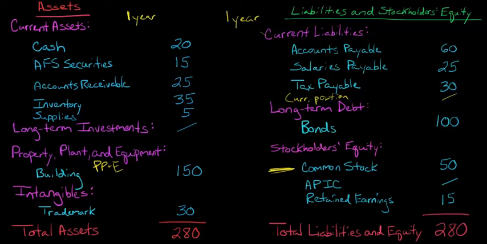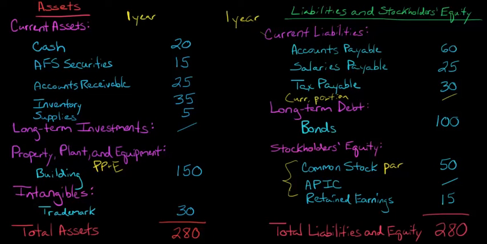If we've got a restaurant and it's just one owner, just somebody who started it. But if we think about a publicly traded firm, this is when investors buy stock in a firm. It's actually going to be two components. One is this common stock, which has to do with the par value of the stock. So in the old days, firms would have a par value that, well, I won't get into all the detail, but basically it would be a par value of $1 per share or something.